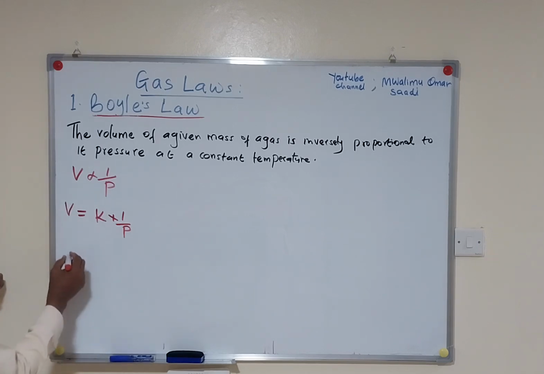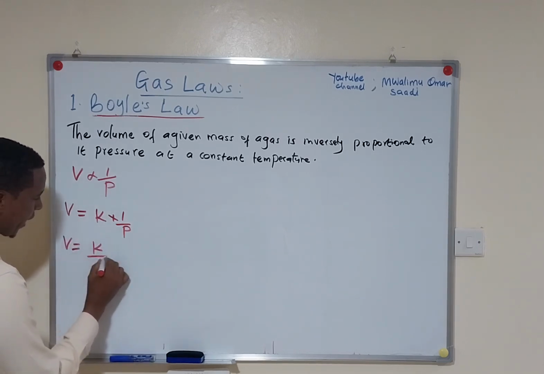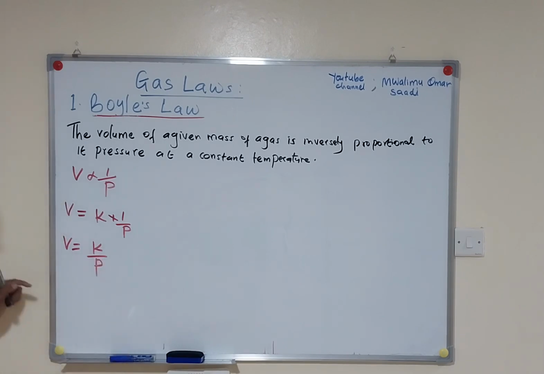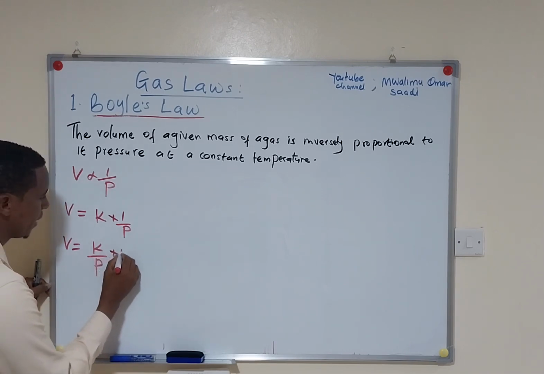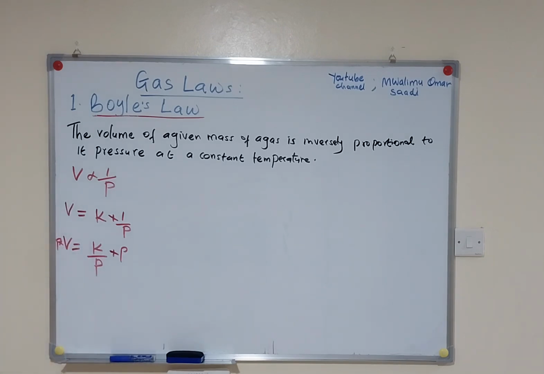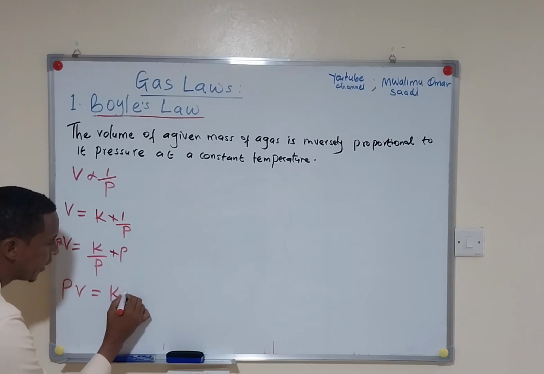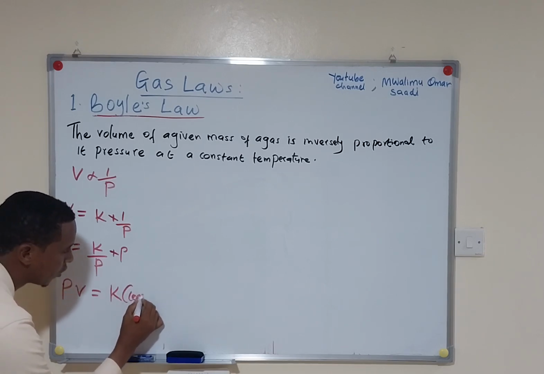So that is the same as V is equal to K all over P. To have the constant K on one side, we multiply by P on both sides. So this will be PV is equal to K, which is a constant.